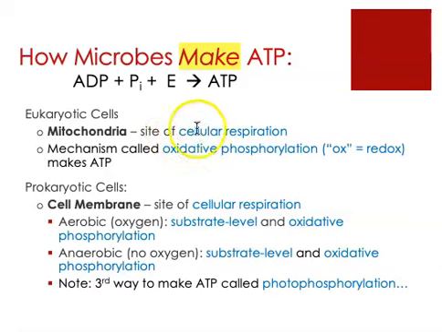Cellular respiration and oxidative phosphorylation are two processes that go together to produce ATP. When we talk about cellular respiration, we're really talking about a cell taking glucose and breaking it apart, breaking it down all the way to a one carbon molecule called carbon dioxide.